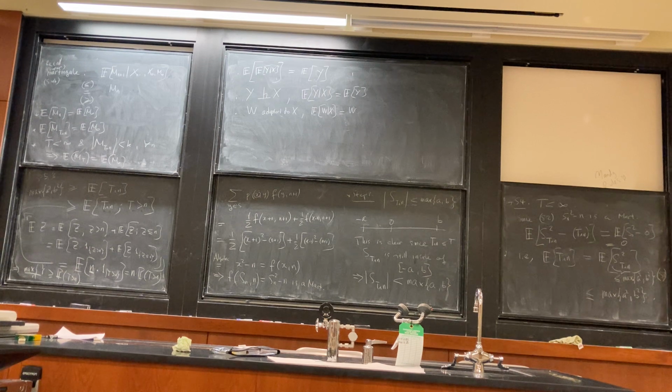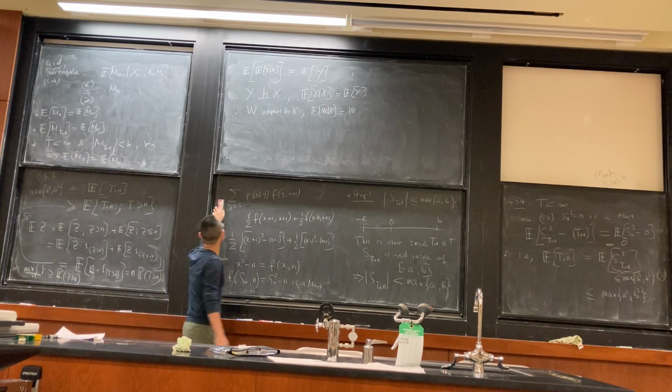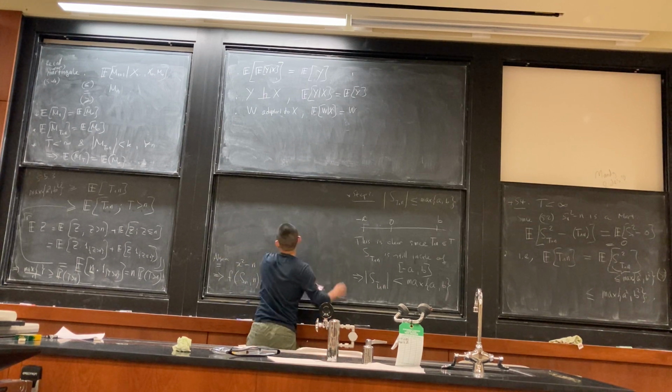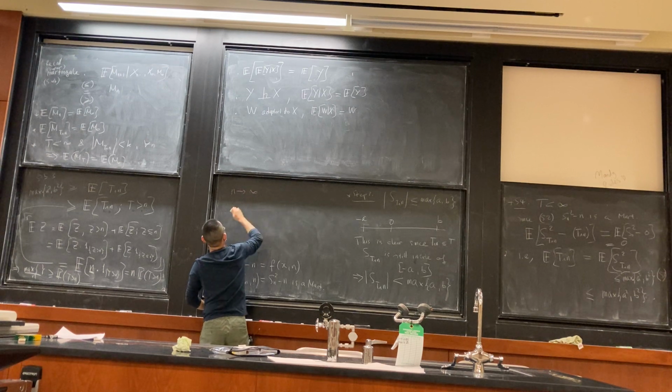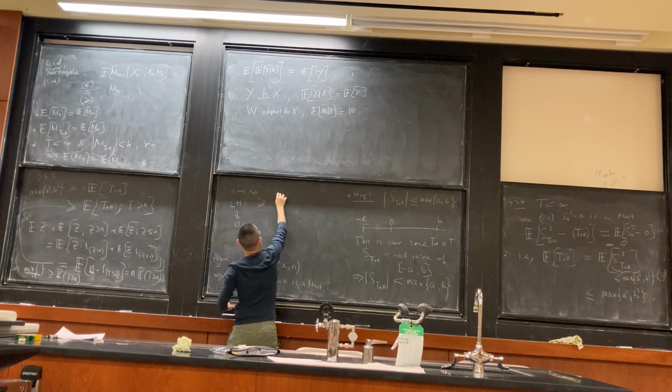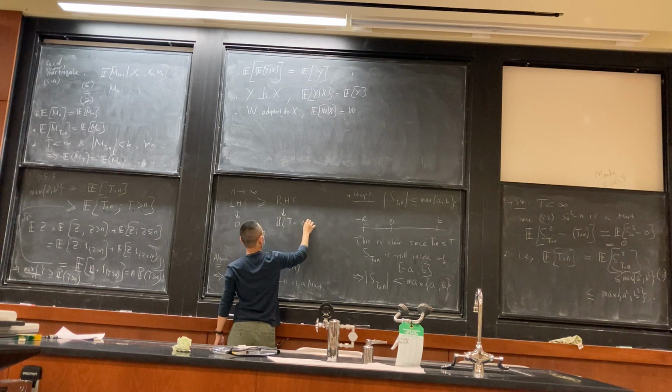So if I take n to infinity, the left hand side goes to 0 and the right hand side goes to the probability of T being infinite.